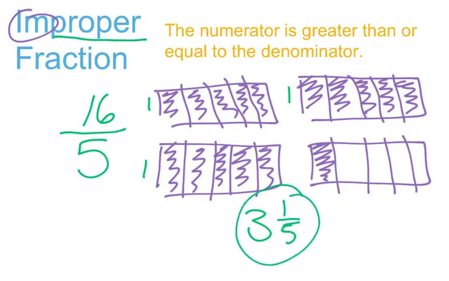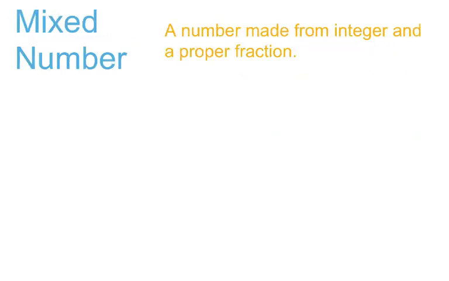And this is actually called a mixed number. Mixed numbers are numbers that are made up from an integer, which is like 1, 2, 3, 4, 5, 6, it could also be -1, -2, -3, -4, -5, -6. We're not going to talk about that until we have our unit on integers, but just know that that is coming.